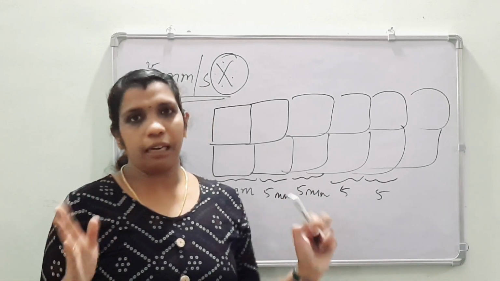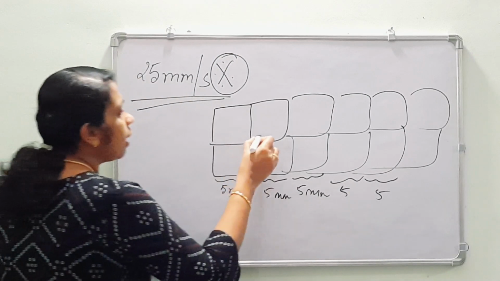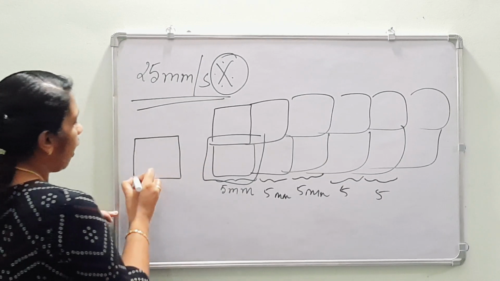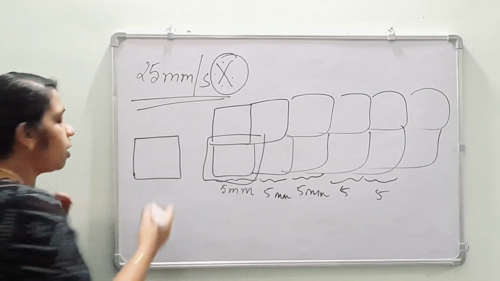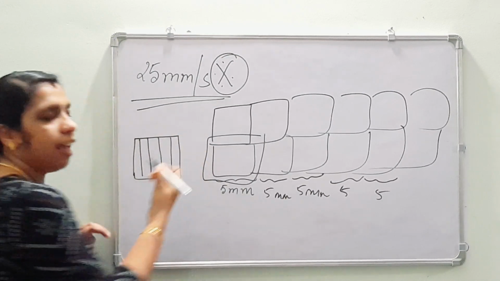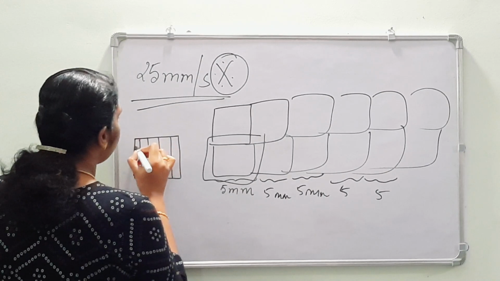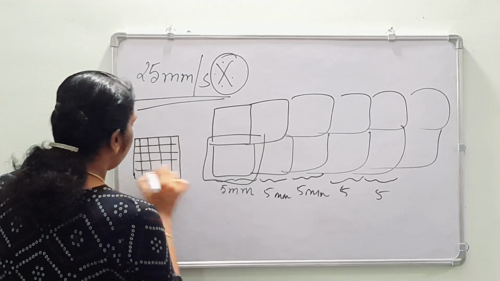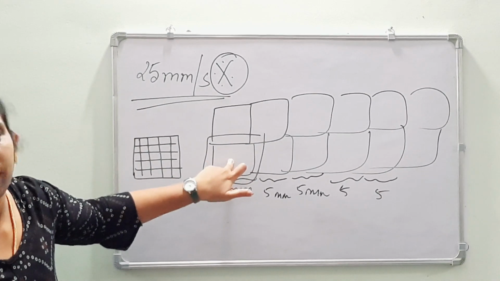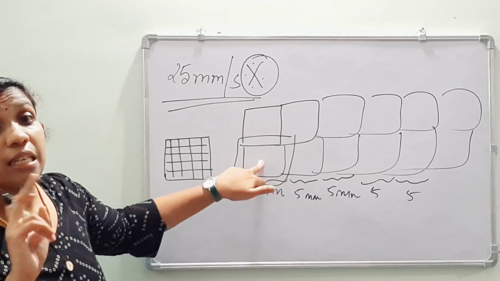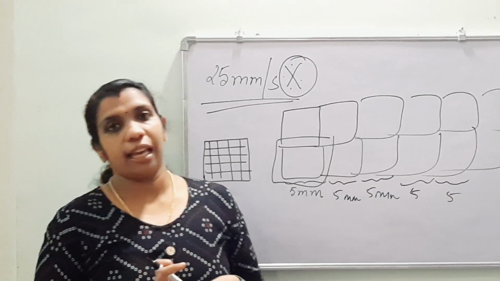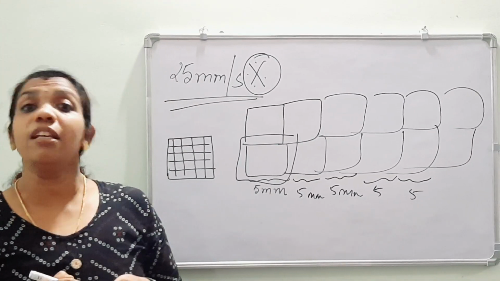Clear? Inside the large square, there will be small squares. There will be 5 small squares in a large square. One large square corresponds to 5 millimeter. The ECG machine will be covering 5 large squares in a second, and inside the large squares there will be small squares.